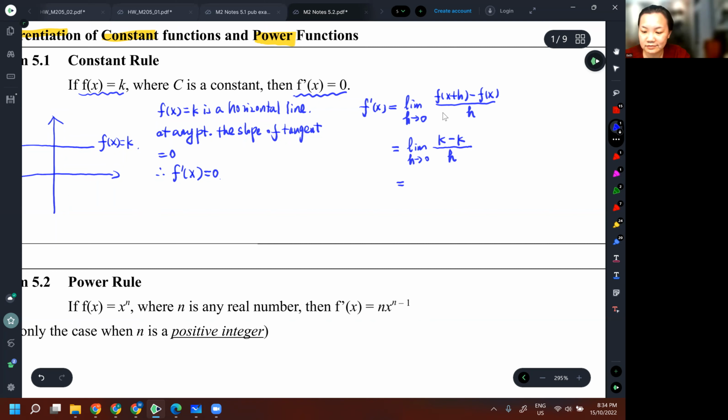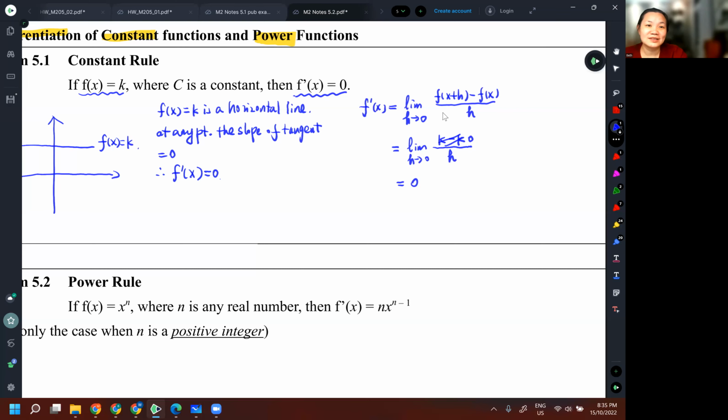That is 0 basically. Is that okay? Because this is 0, you see, this is 0. So this is always 0. So it's 0, okay? It's the simplest.